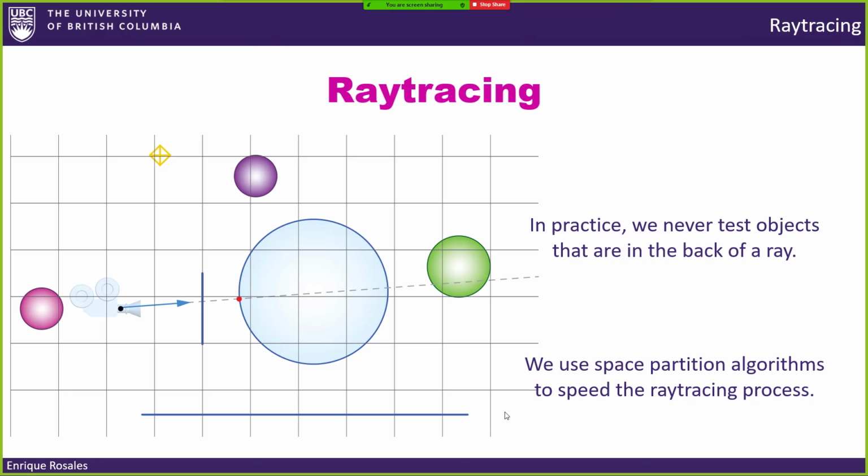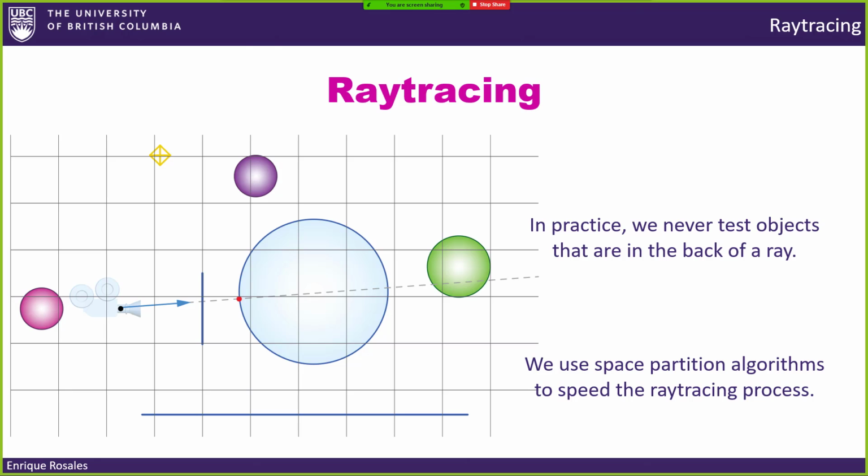Let's see this first. Imagine that we have a scene with 1 million spheres or 1 million triangles. For every pixel on the image plane, we create a single ray, and that ray needs to iterate over every object in the scene to see if it's hitting something.